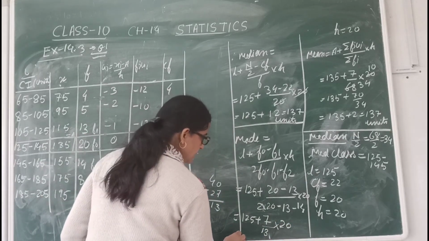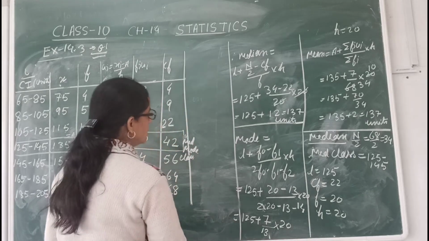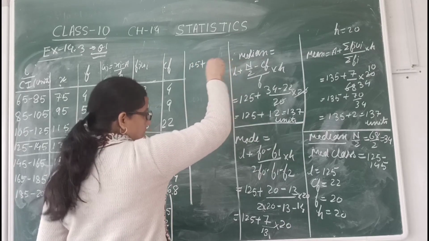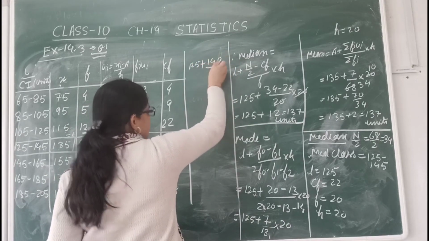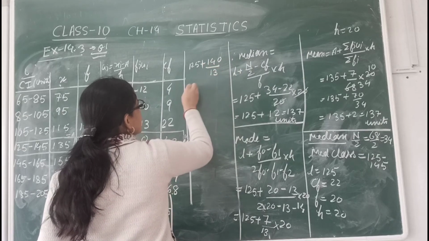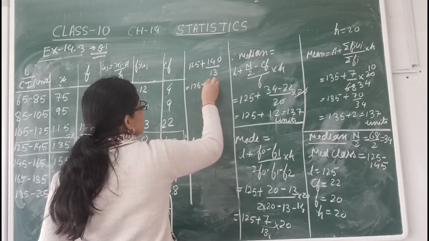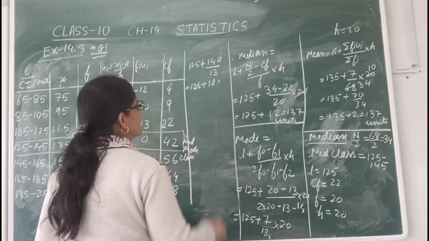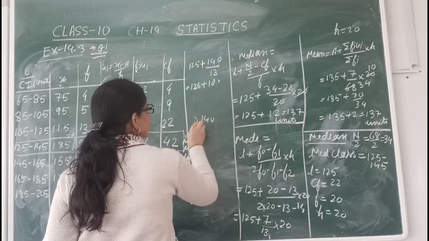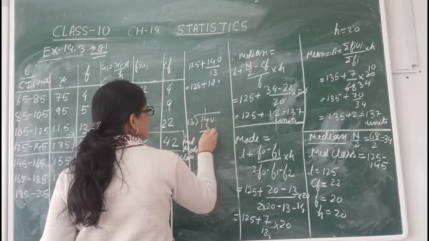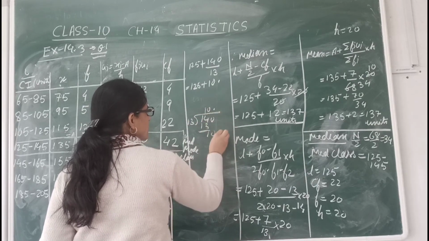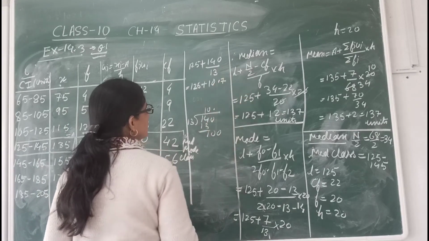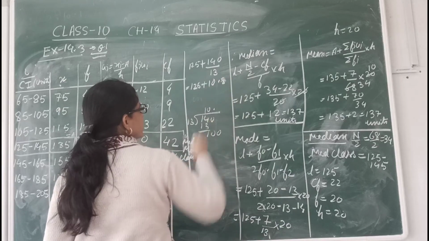So this will be equal to 125 plus 200 by 26. So 125 plus 10 point something. Let us calculate, 10.7 something or 10.8 we can write.